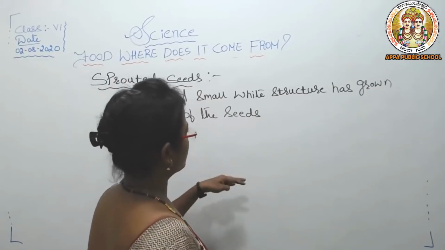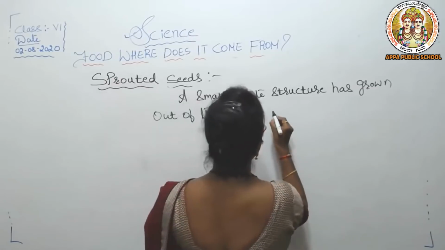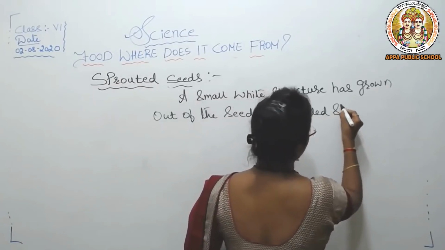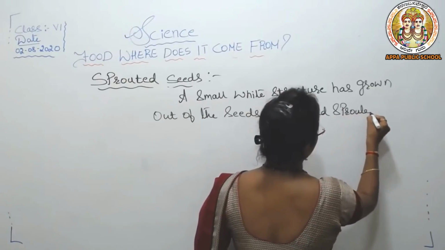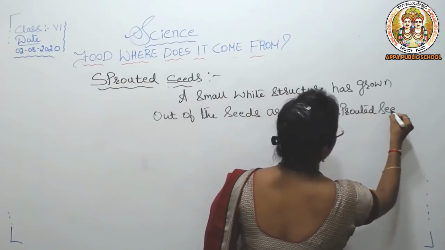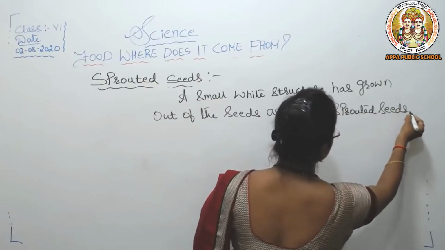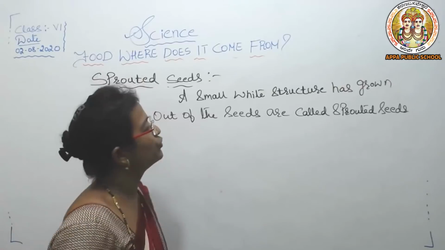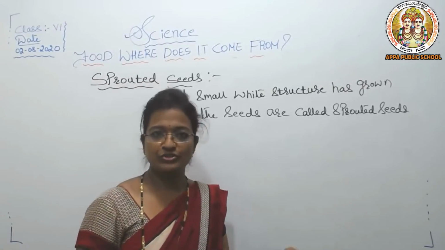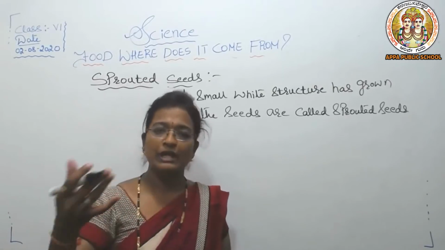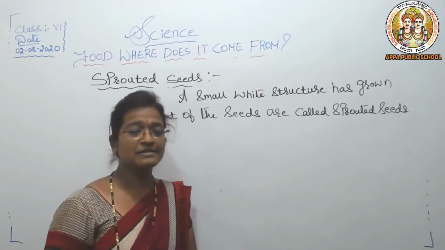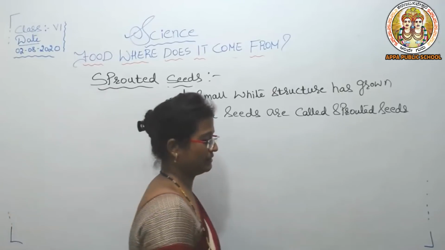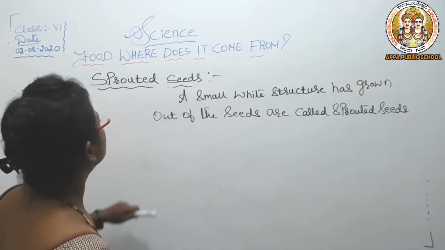A small white structure that has grown out of the seeds is called sprouted seeds. You can prepare these sprouted seeds in your home. After that, you can wash those seeds. Even if you want, you can boil them and add spices, and you can have it as a snack which is very good for health. So this is about sprouted seeds.